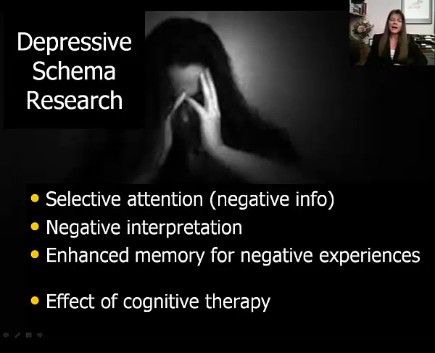And people who are depressed tend to show enhanced memory for negative experiences and other negative things in life. So you can give them a simple word test, positive and negative words. And as long as the words aren't too negative, they show much more memory for the negative words compared to the positive than we see in the rest of the population.